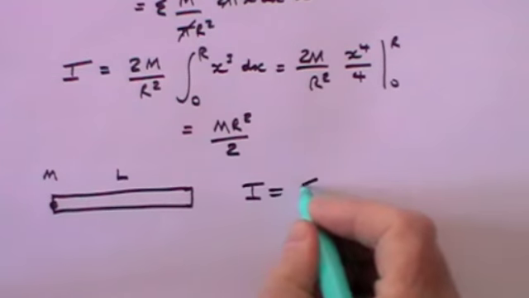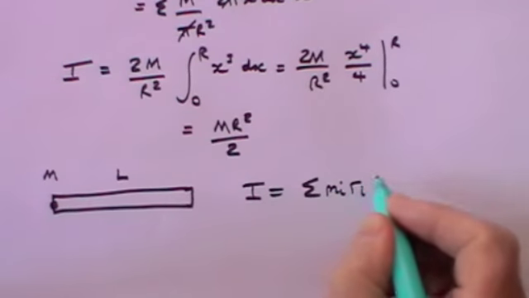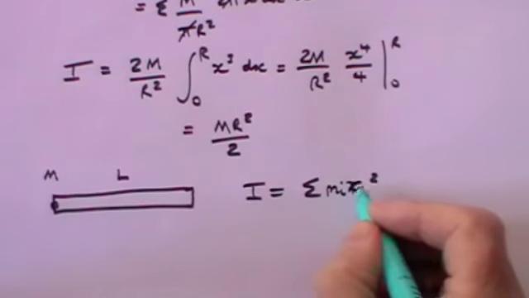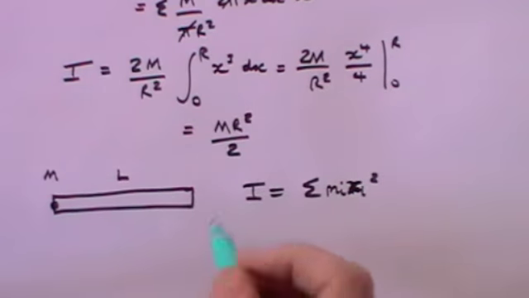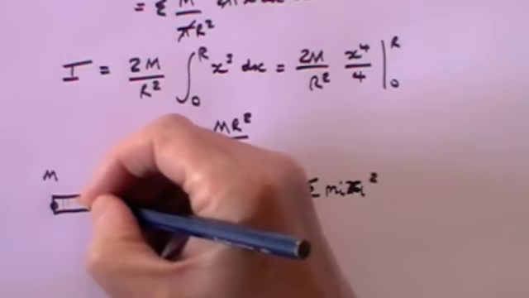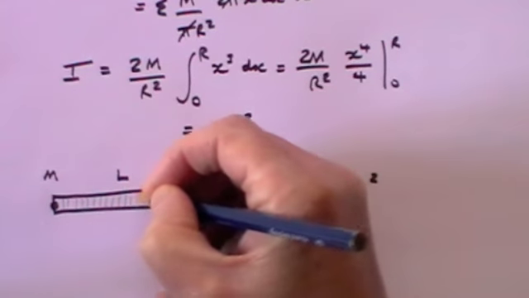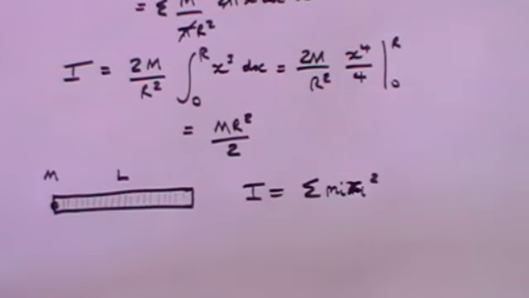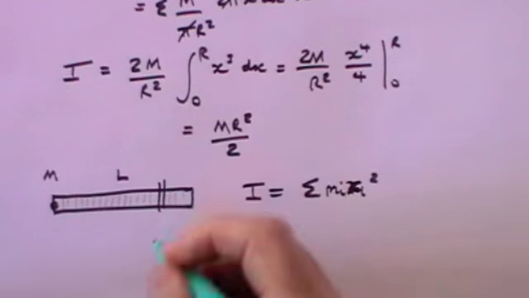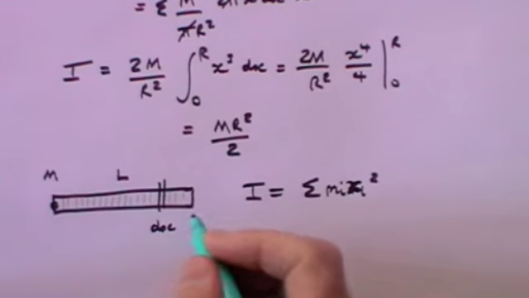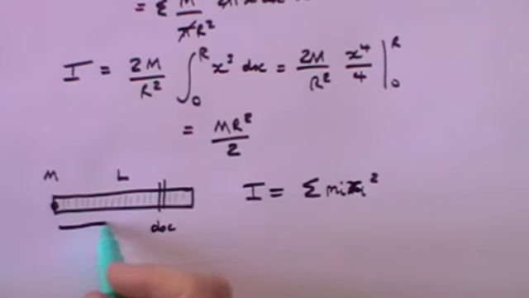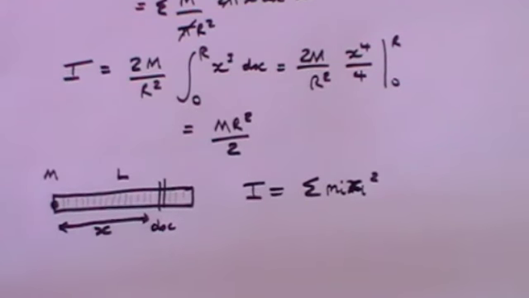Moment of inertia is sigma mi xi squared. I'm going to split this rod up into lots of elements, just as we have done before. And we'll consider just one of them, which is going to be a thickness dx and a distance x from the pivot point.